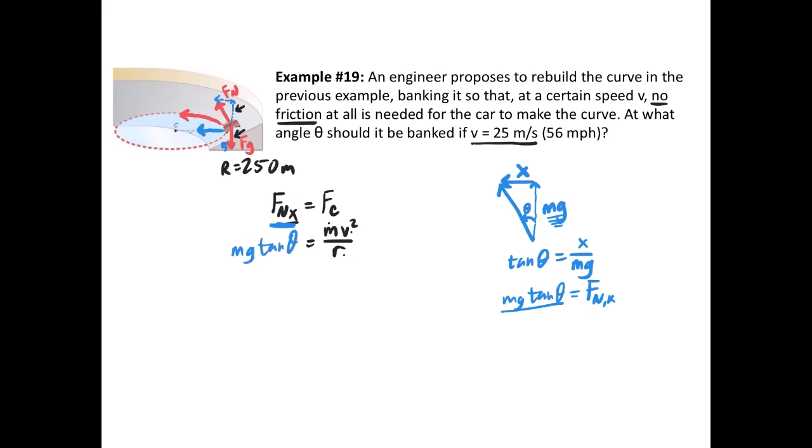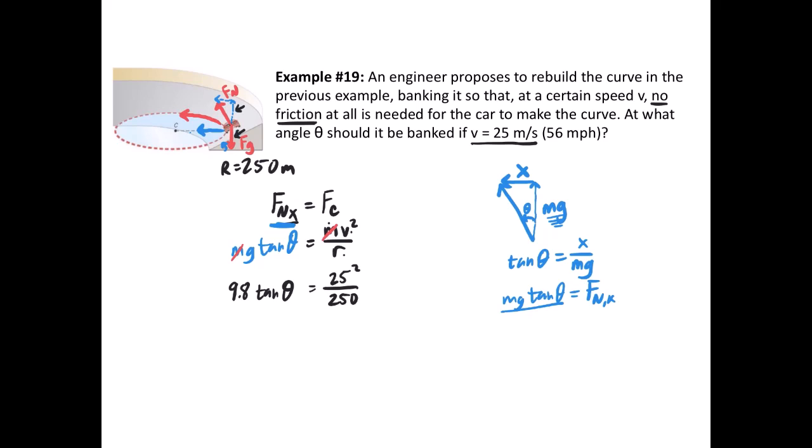Now, at this point, of course, we recognize that the masses are going to cancel out, and we can start putting some numbers in, right? We know that the velocity they want us to use is 25. We know that the radius is 250. I got g over there, which is 9.8, and then tangent of theta.